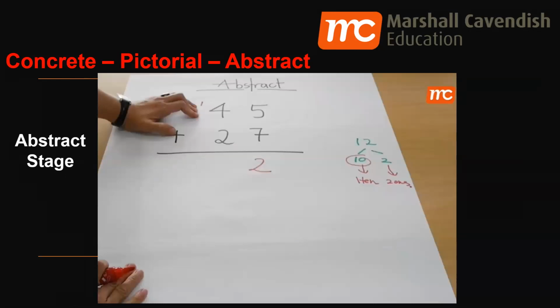The next stage is where we start introducing the abstract form. So the abstract form is very, very sensitive because you don't want to introduce that at the very start of the lesson. Why? We want children to be comfortable, not intimidated. We want children to feel secure when they're learning something difficult.